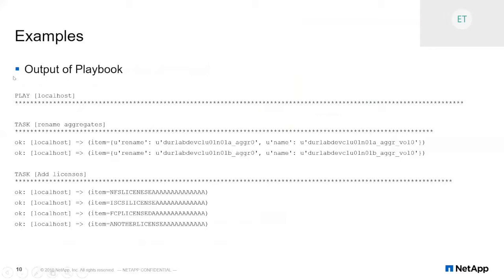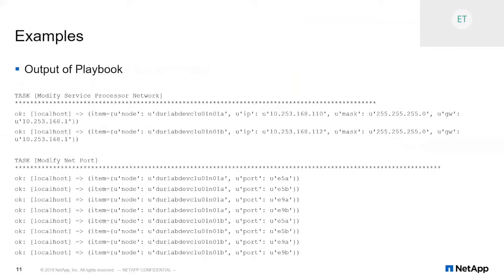And again, this is an example of the licenses, the list that I was showing you before. And on this one, this is an example of the key value pairs output. So it's going to give you the output with each one of the key value pairs that it input. So the node name, the IP address, the mask, the gateway, and so on and so forth, all the key value pairs.